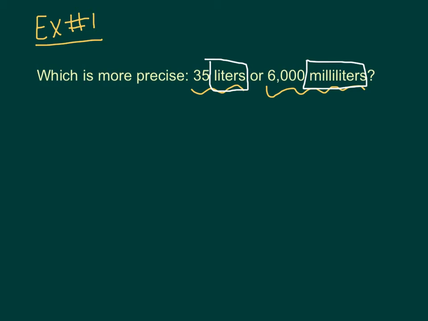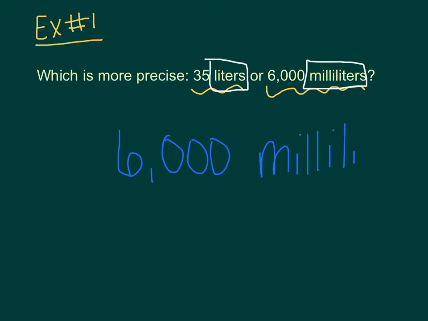If you think back to our last lesson, milliliters are smaller than liters, so they are more precise. So the 6,000 milliliters would be more precise.